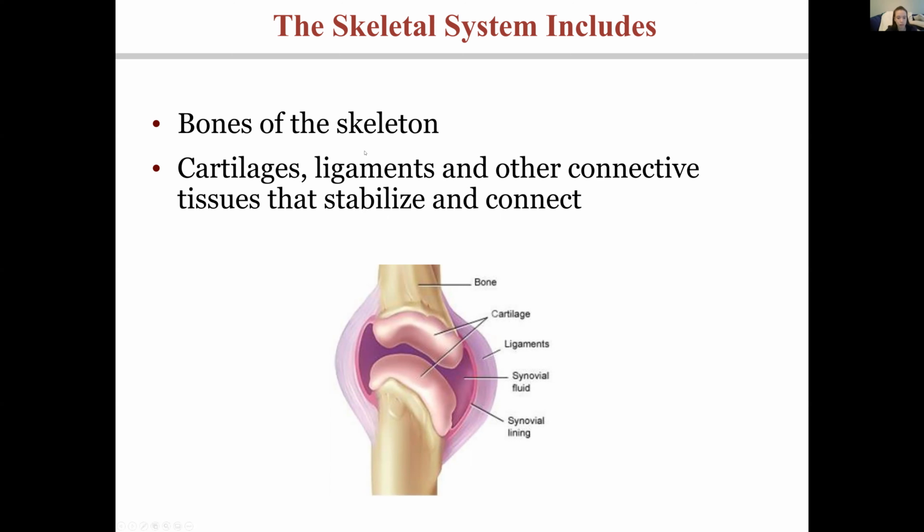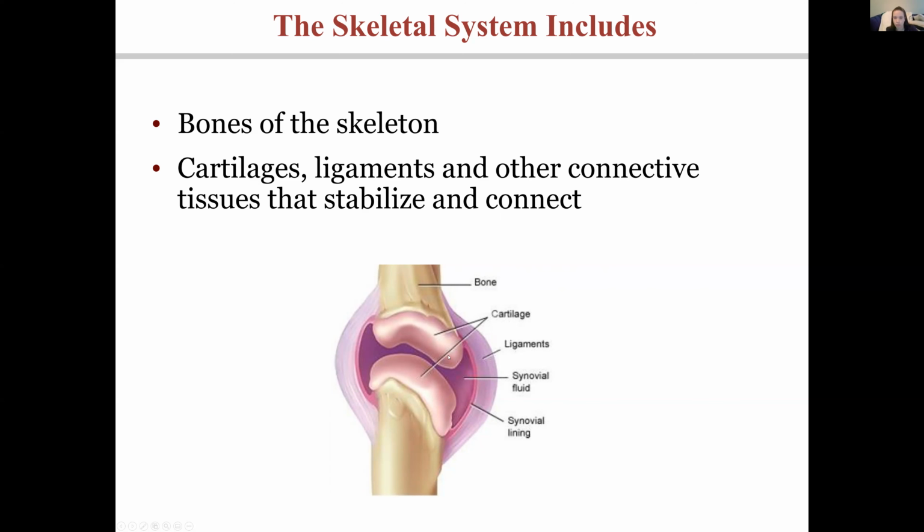Okay. So here we are on the skeletal system. These are the main components of it. We're going to have bone, we're going to have cartilage, as well as ligaments that are going to be part of this system. So bone, that is kind of intuitive. That's the main source of support for the skeletal system.